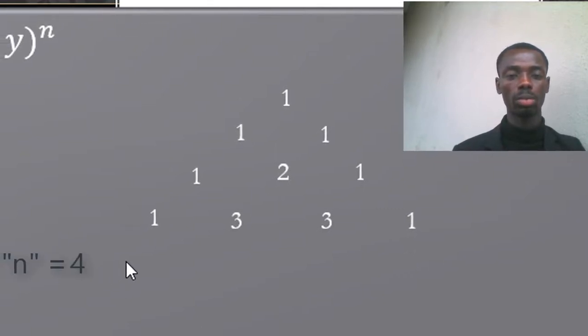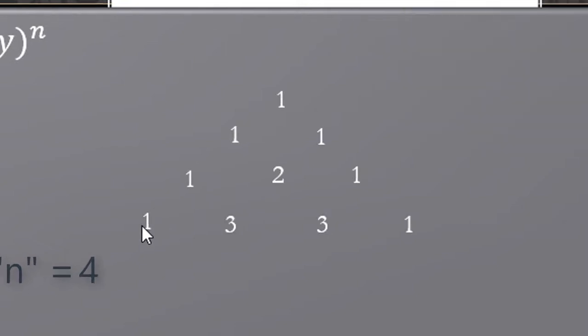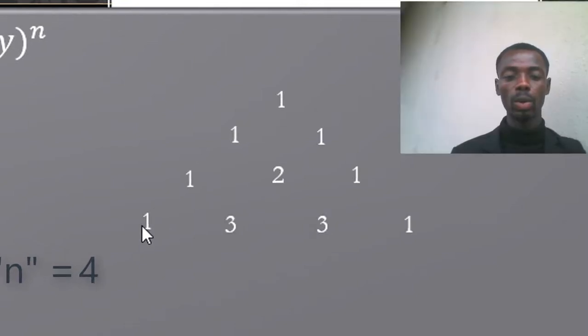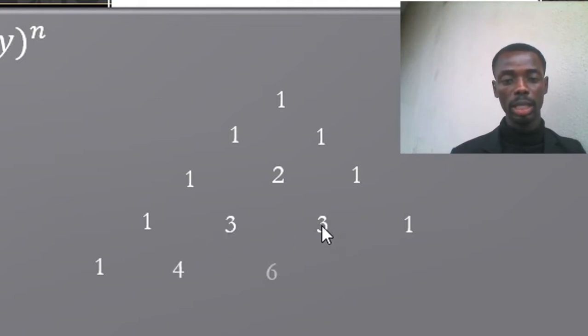Then when n equals 4. Here is when n equals 0, n equals 1, n equals 2, n equals 3. Now n equals 4. You start with 1, then let's start our addition. 1 added to 3 is 4. 3 added to this 3 is 6, and this 3 added to this 1 is 4.